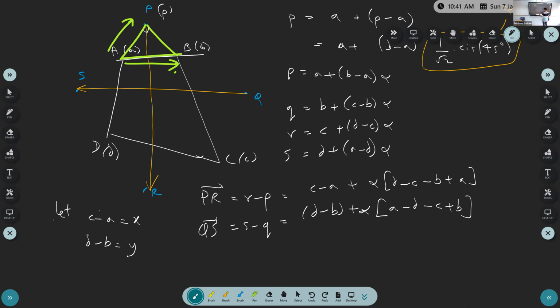So therefore, in this way, the first term R minus P can be written as X minus alpha X and D minus B plus alpha. Or in other words, I can take alpha X common.